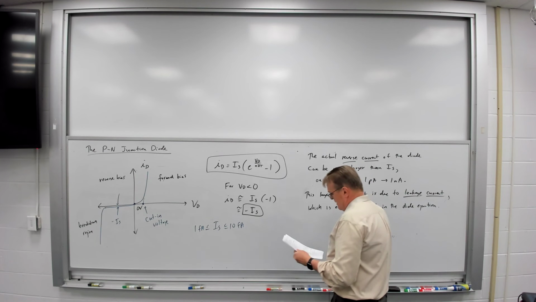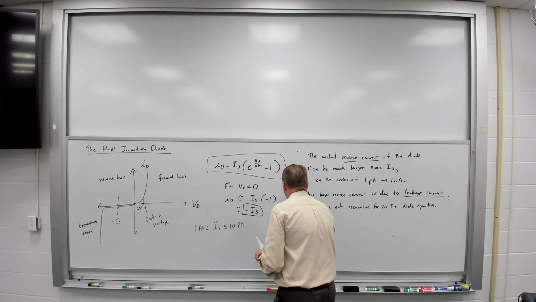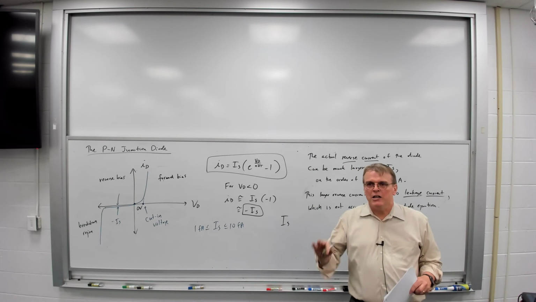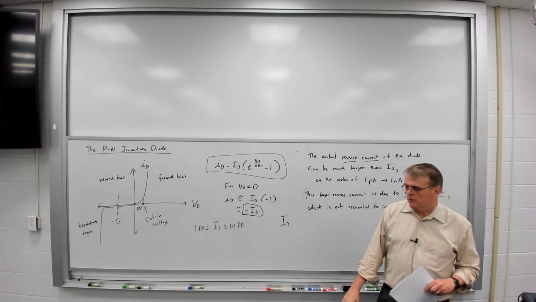We also find IS typically doubles for about every 5 degrees centigrade in temperature.